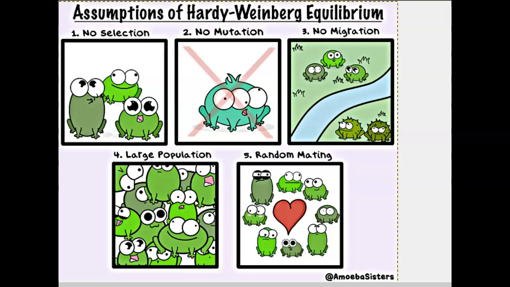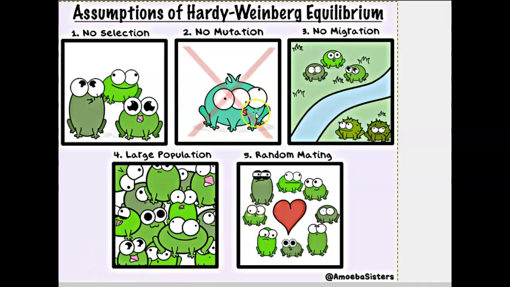So let's review the assumptions of the Hardy-Weinberg equilibrium. Equilibrium meaning we need to keep our allele frequencies stable. And they're actually missing one here. So no selection. No natural selection. All phenotypes can survive and reproduce equally well.